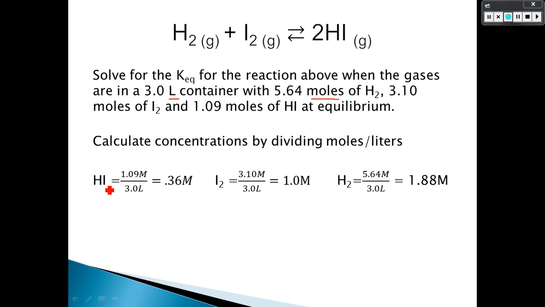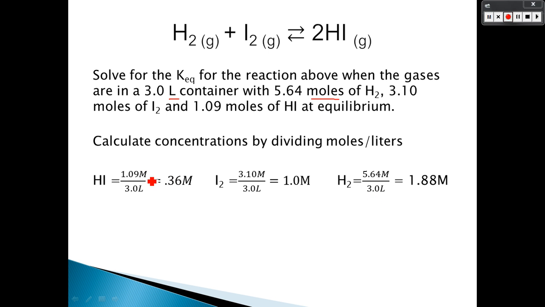So the concentration for HI is the 1.09 moles divided by the 3-liter container. The same thing, I2 is 3.1 moles here divided by the 3.0 liter container. Here for H2 it's 5.64 moles divided by the 3 liters.